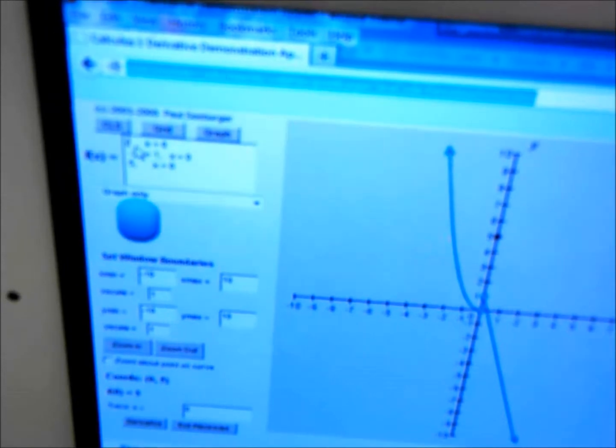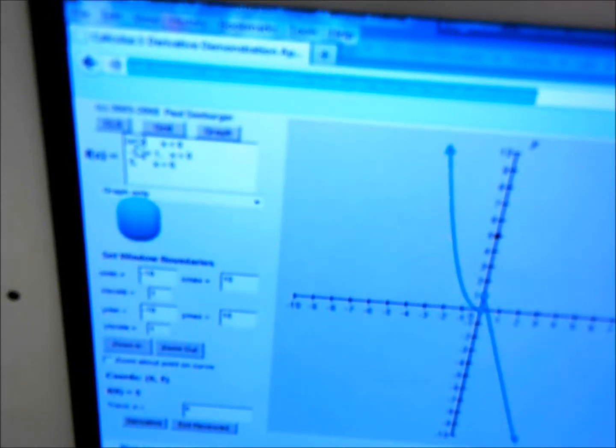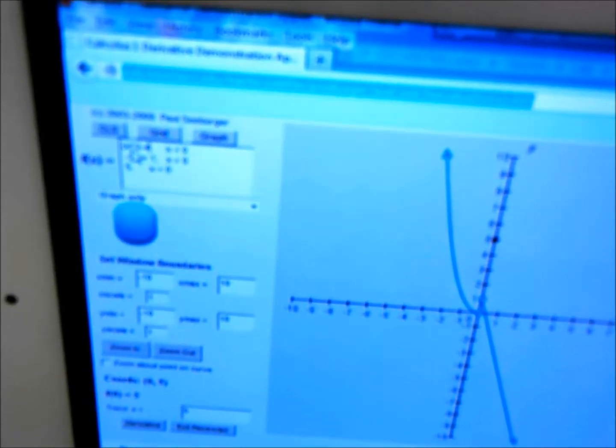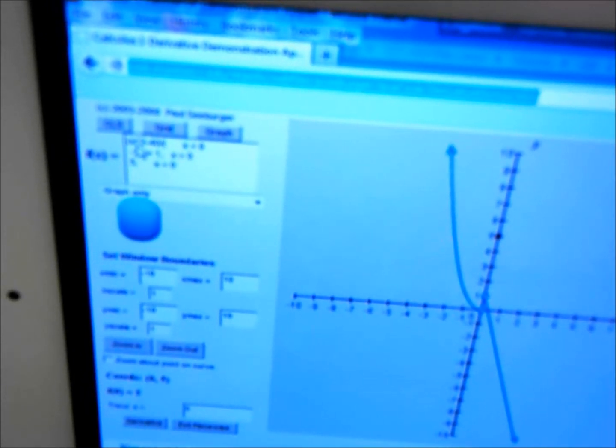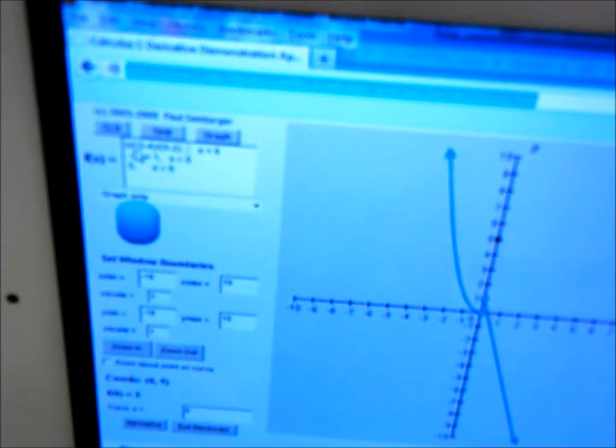I think I have to enter x squared minus 4 divided by x minus 2 if x is less than 2.